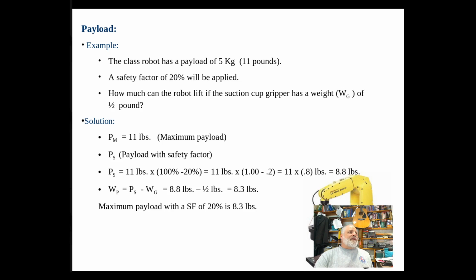But the example up here tells us that the gripper itself weighs about half a pound. So that means that the objects we're going to be picking up could weigh no more than, say, 8.3 pounds.